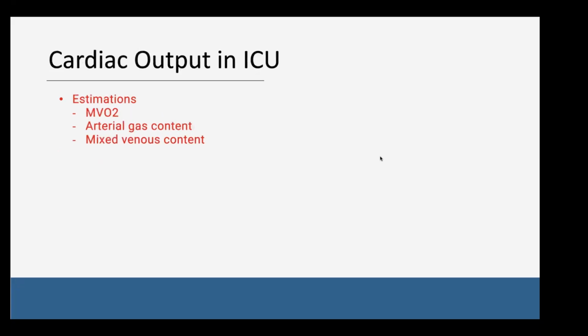So in the ICU, for practicality, people have used estimations for the oxygen consumption, and sometimes also the arterial gas content and the mixed venous content. The most common thing that gets estimated is the oxygen consumption.